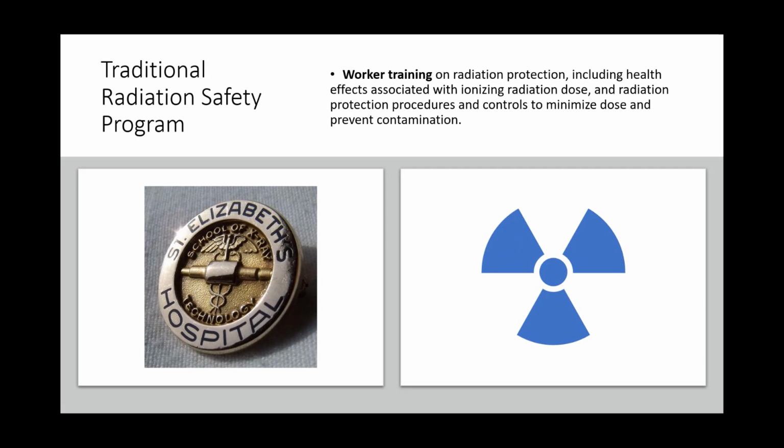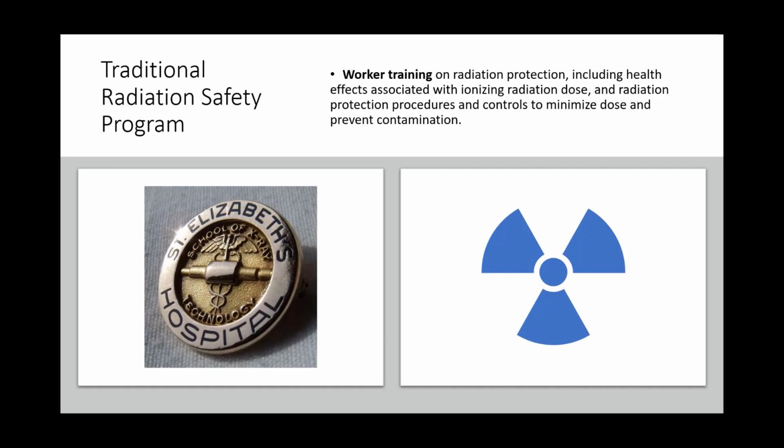Education is a key component for a traditional radiation safety program. We have education for our occupationally exposed workers, for our contemporary healthcare workers, and for the public, meaning the patient.